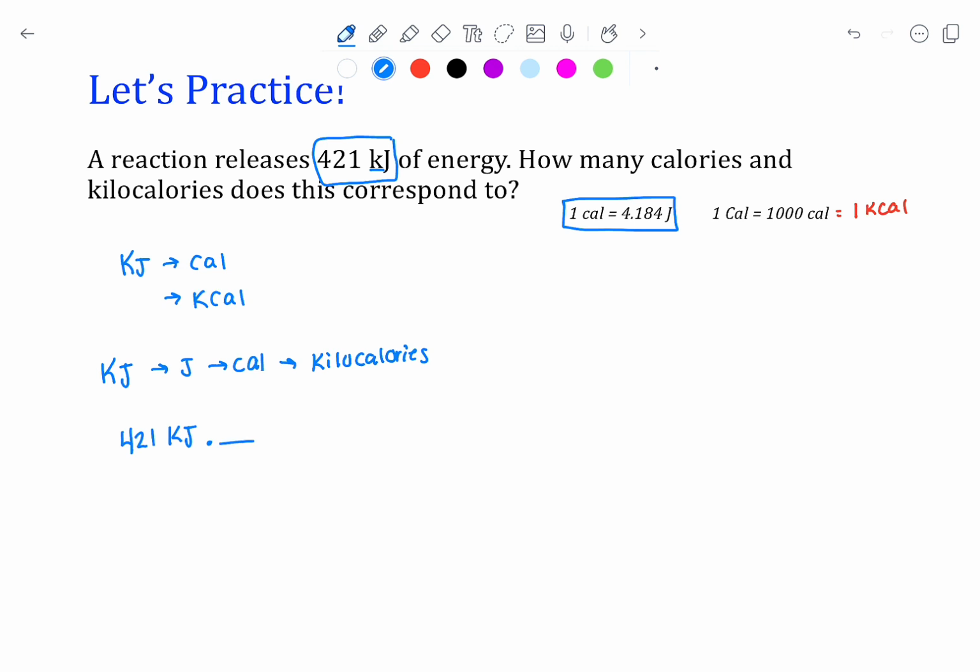Well, we know that the prefix kilo corresponds to 1,000 of the base unit. So we know that in 1 kilojoule, there's 1,000 joules. So that's our conversion for kilojoules to joules. Let me get my calculator out so we can do our calculations together.